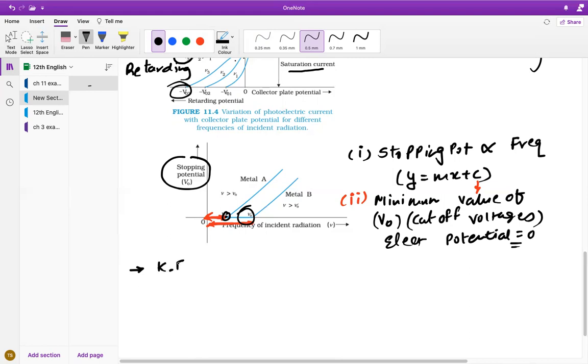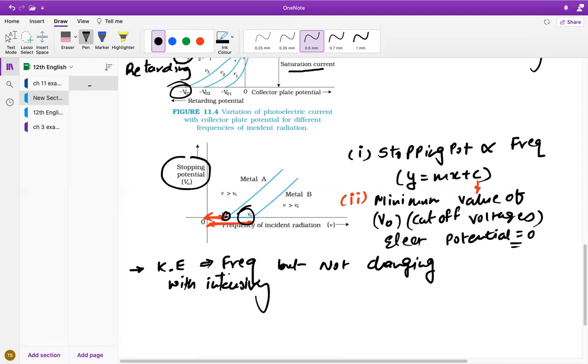Kinetic energy is changing with the frequency, but not changing with intensity. Okay, now we wonder how we can conclude this. We wrote K equals eV0, where K is kinetic energy.